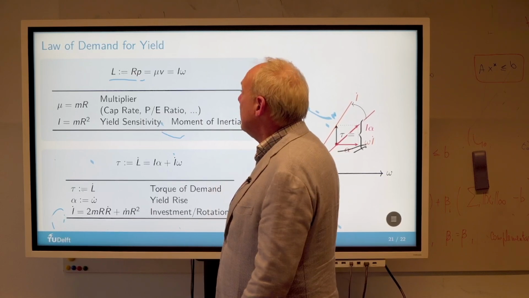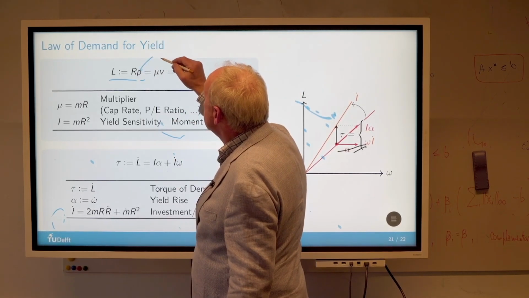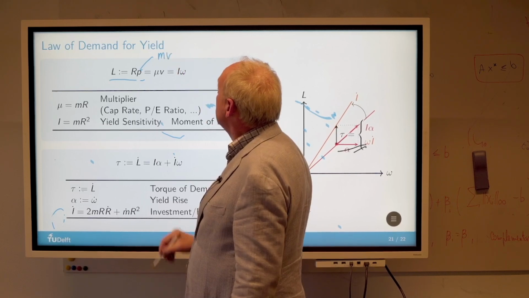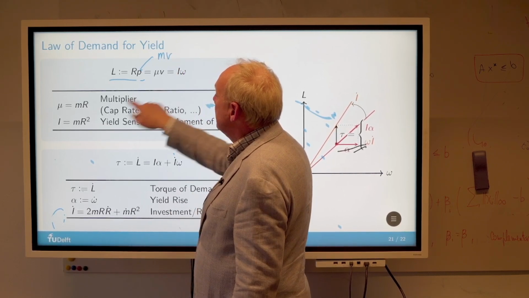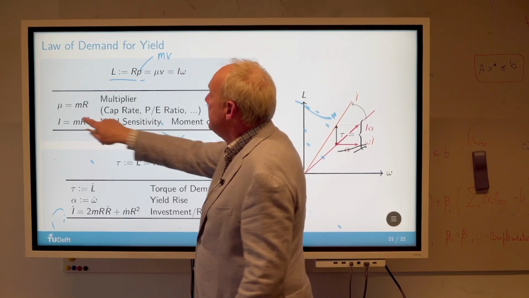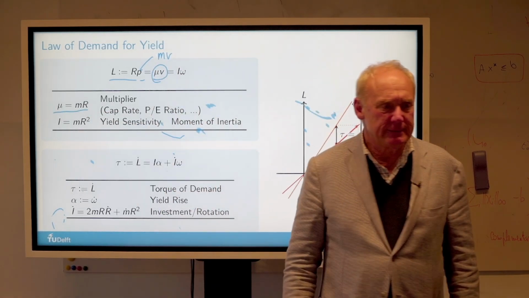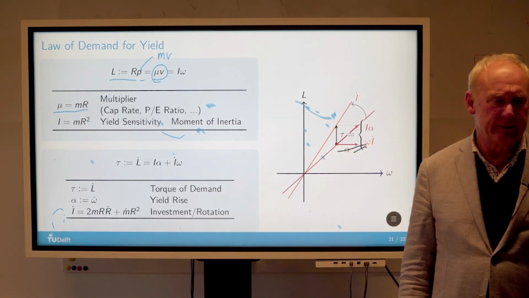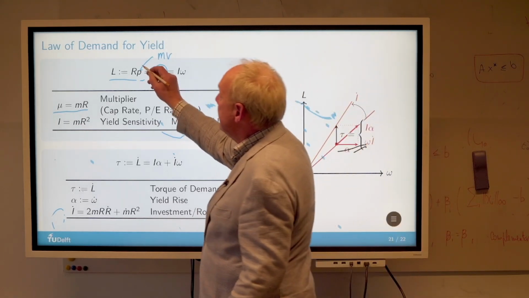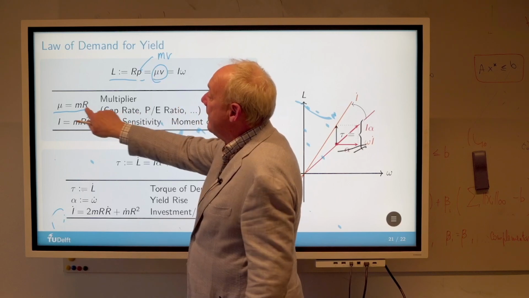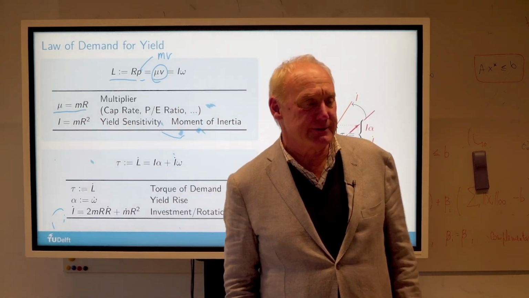Now I know that this thing here is M times V. So if I define mu to be this, I can rewrite it like that, okay? Is that clear? I just pulled an M out here, and I said M times R is mu, right? This is not too hard even for you guys.